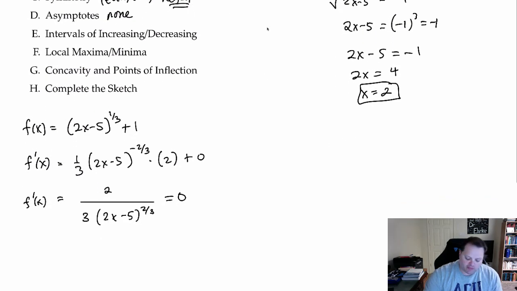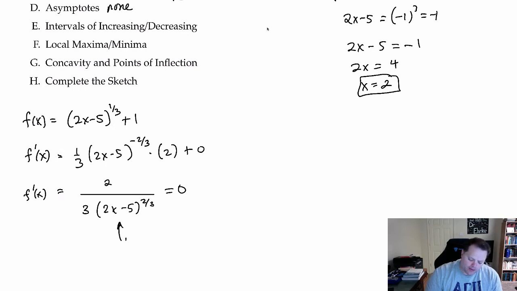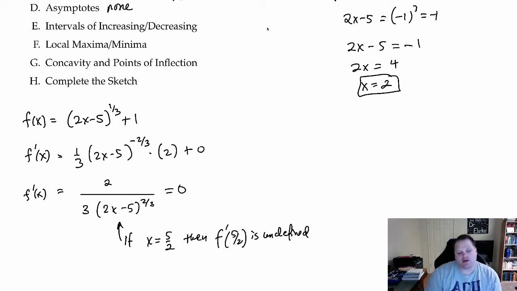But when you look at f prime, if x equals 5/2, then f prime of 5/2 is undefined. So I restricted the domain of my derivative. I cannot plug 2.5 into the derivative because 2 times 2.5 is 5. 5 minus 5 is 0.